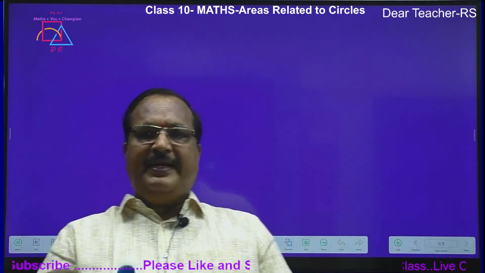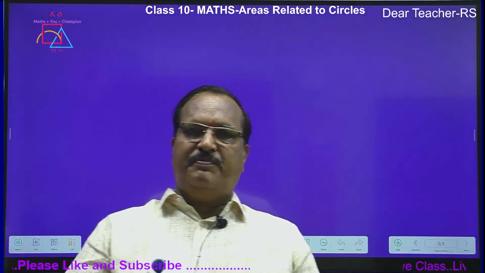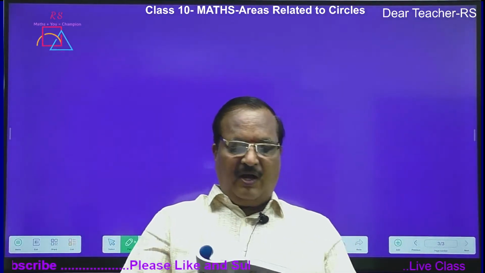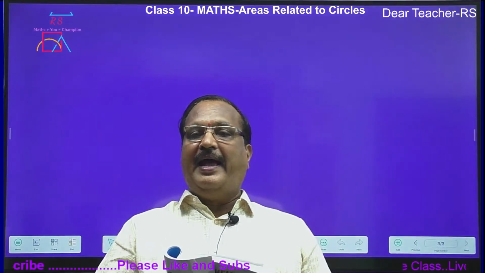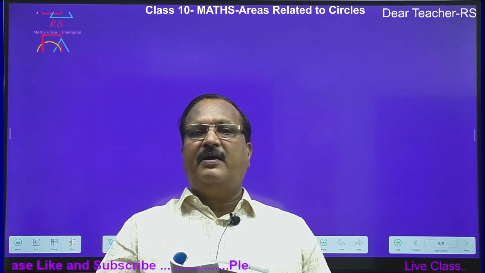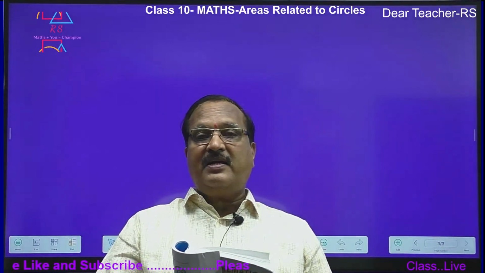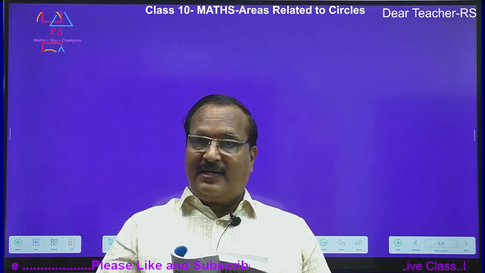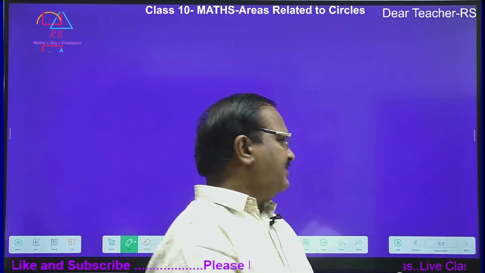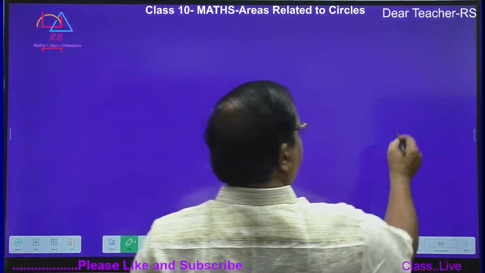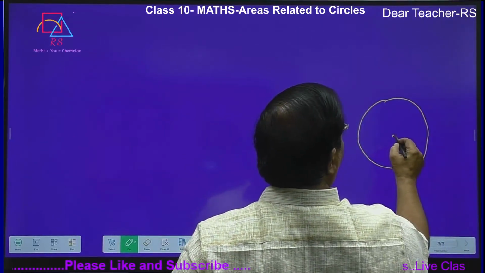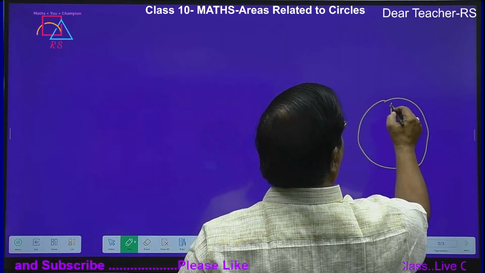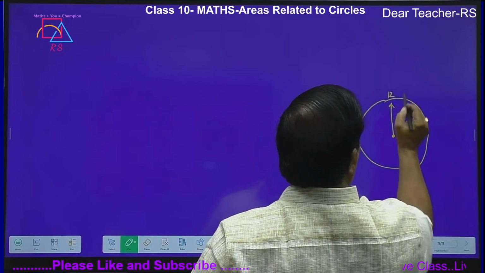The length of the minute hand. This question is also important. This is a clock problem. In a clock, the minute hand or second hand or hour hand acts as the radius of the circle. So if this is the circle, this is the center, and this is the minute hand, this is 12.